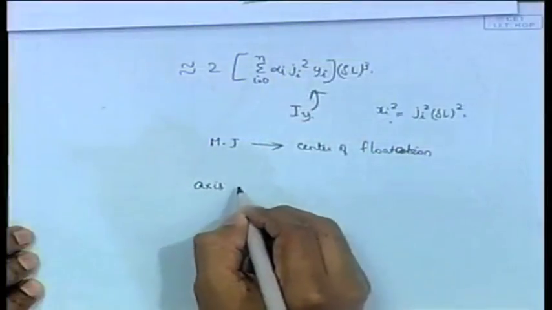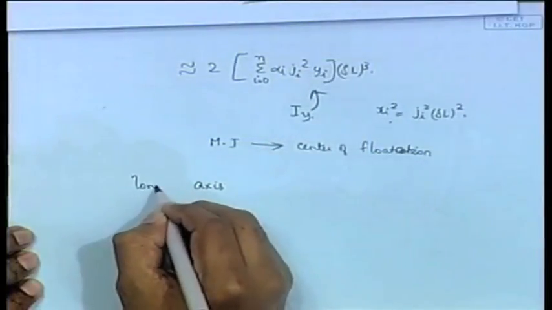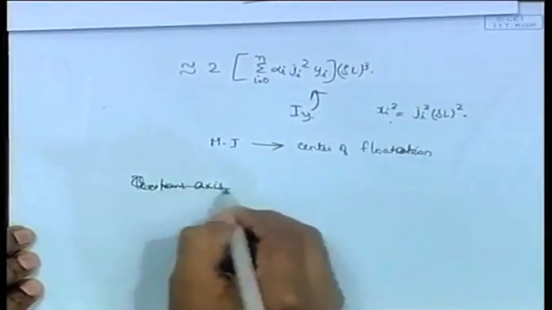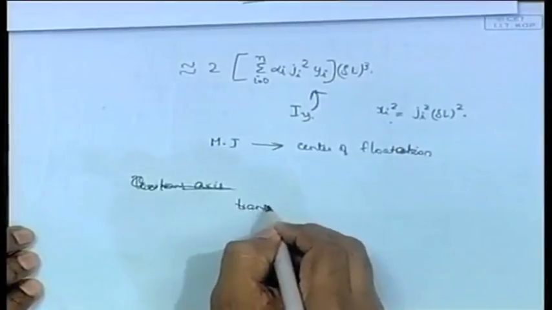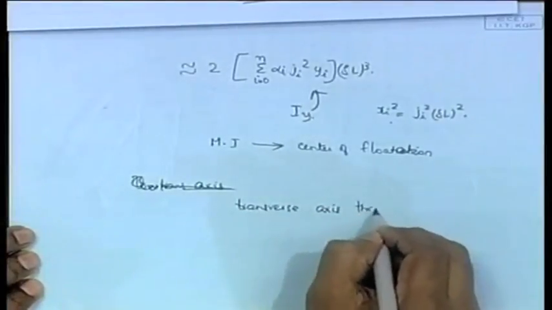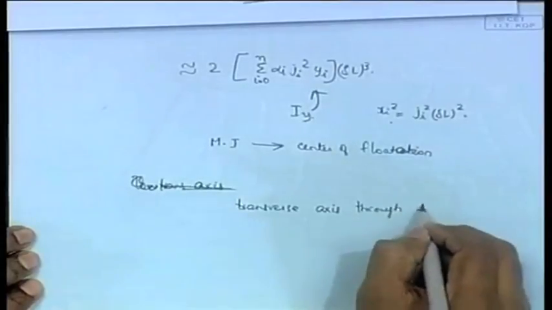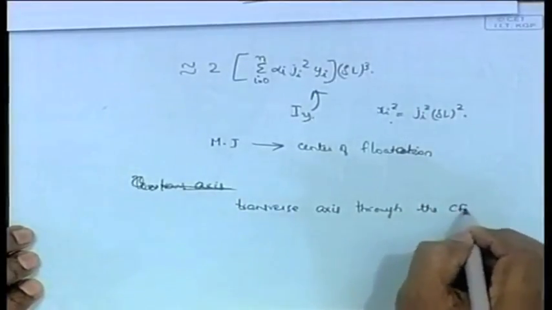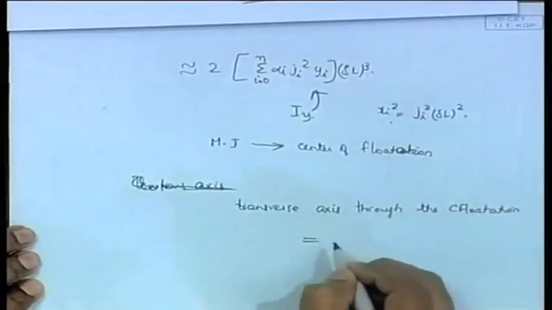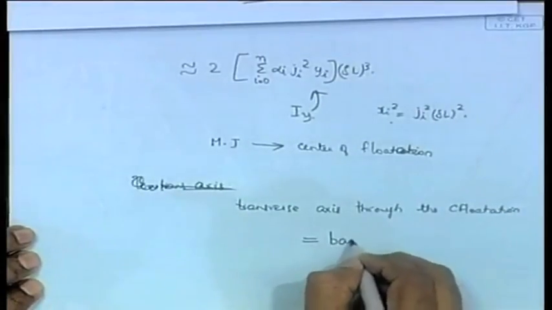It is a transverse axis through the center of flotation, and the axis through the center of flotation is called a barycentric axis.